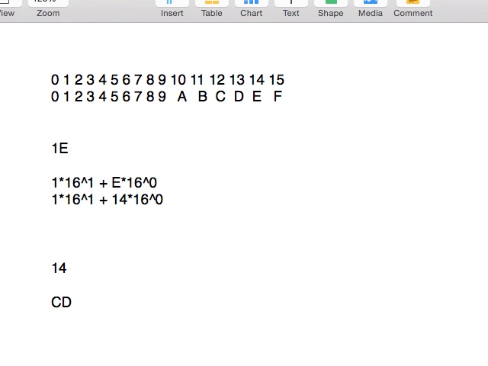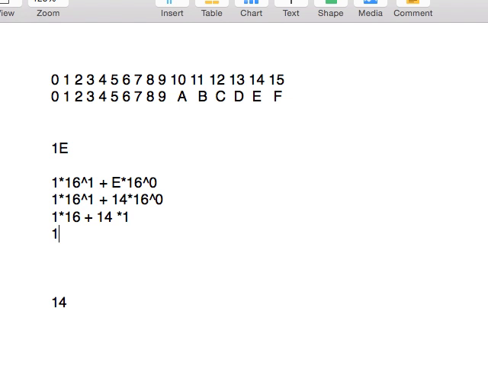So then we've got 16 raised to the 1 is 16. So we've got 1 times 16, plus 14 times 16 raised to the 0, which is 1, so times 1.